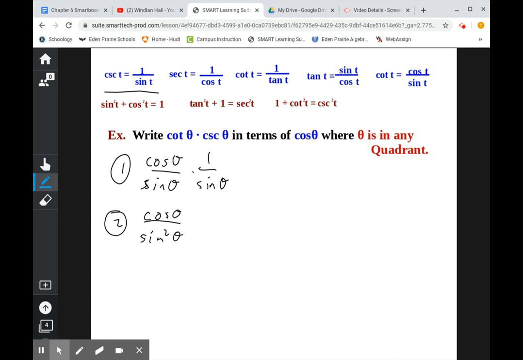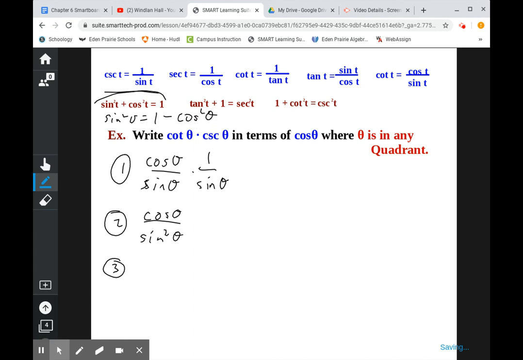Okay, step 3. I can replace that sine squared using this first Pythagorean identity. If I solve for the sine squared by subtracting cosine squared, I have sine squared of theta equals 1 minus the cosine squared of theta.